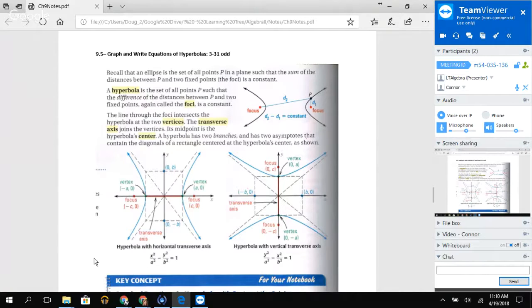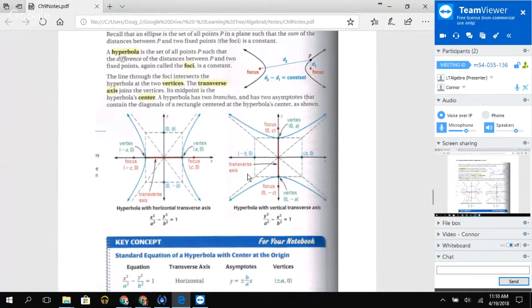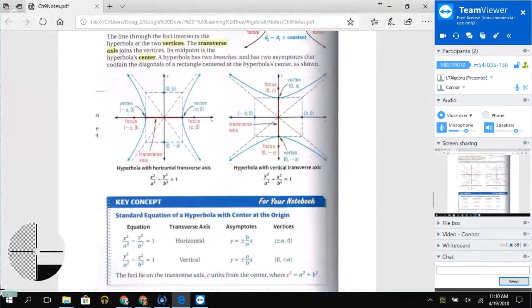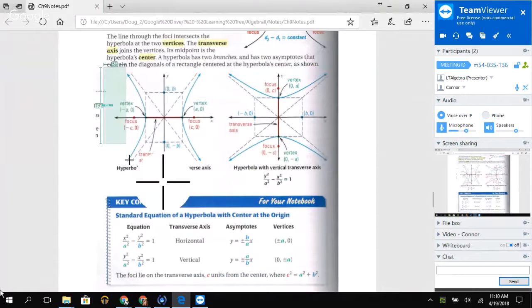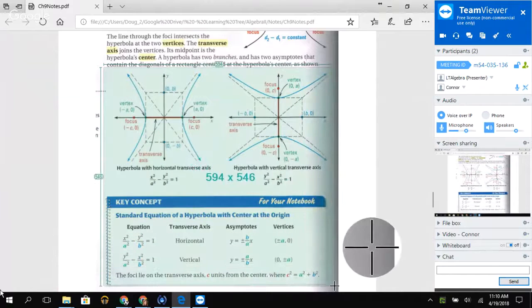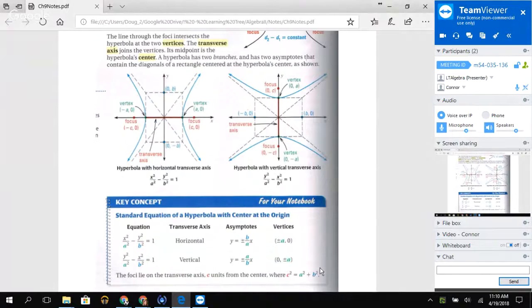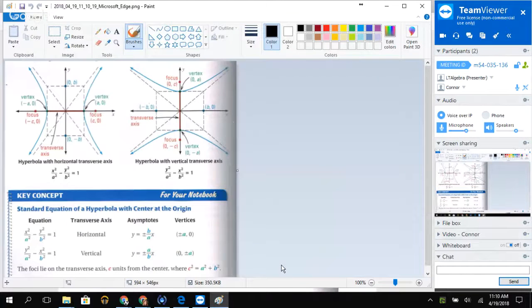When it comes to actual hyperbolas, there's a lot of the same terminology, just a little bit different here. So let me put this in Paint so that I can draw on it. Just like with an ellipse, we can have horizontal or vertical hyperbolas.